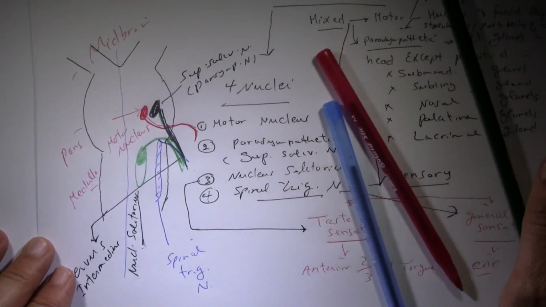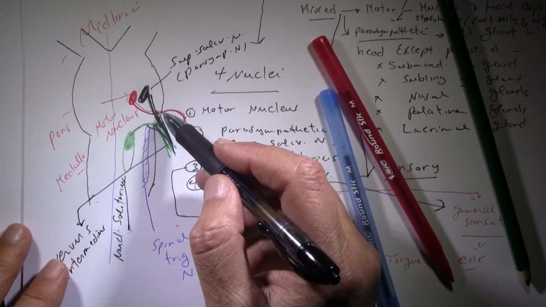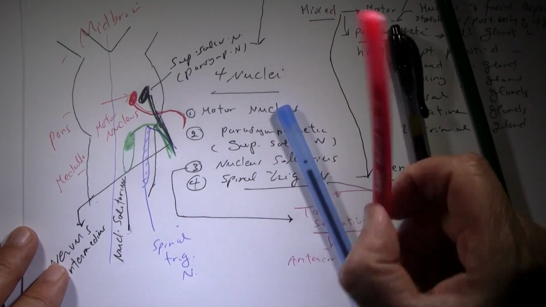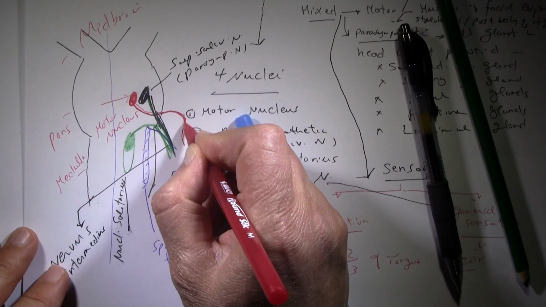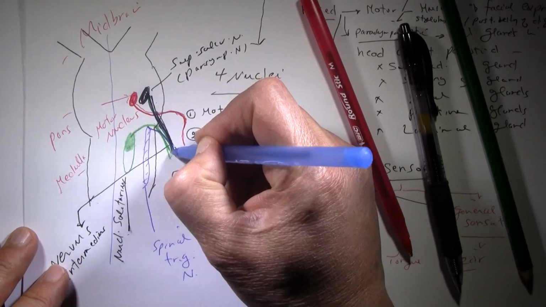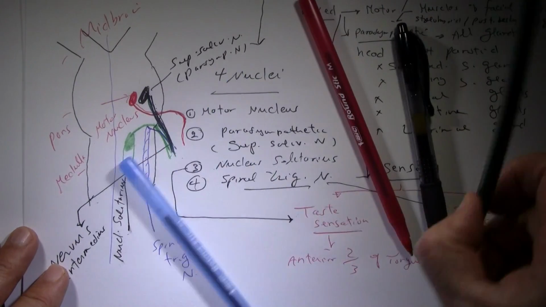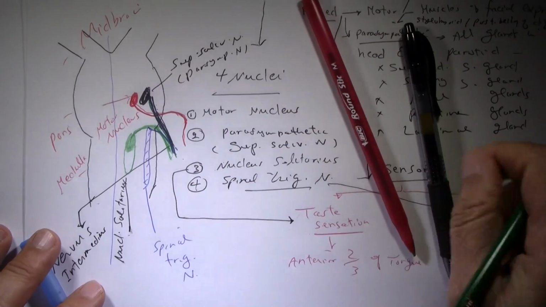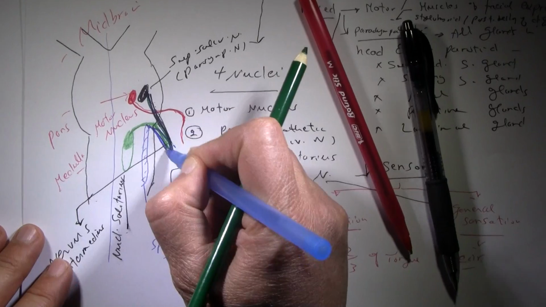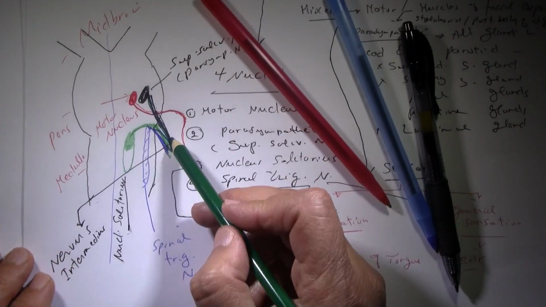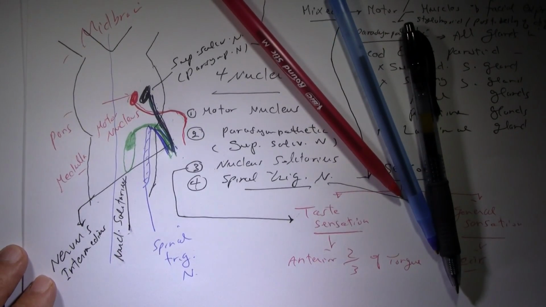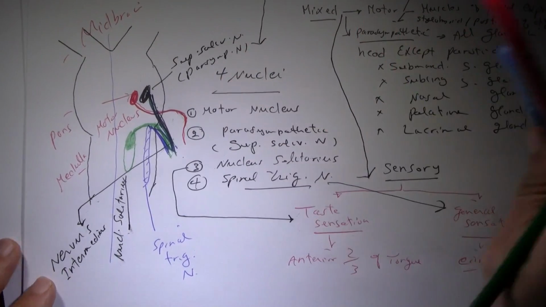So this is how the facial nerve exits the brainstem, as two roots: one motor, and the other containing fibers from the parasympathetic and sensory fibers, which include two kinds of sensation, taste and general sensation. This is called the nervus intermedius, and this one is the motor root. So this is how to start the facial nerve, the general idea.